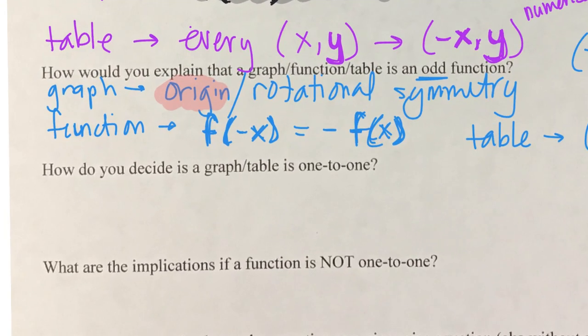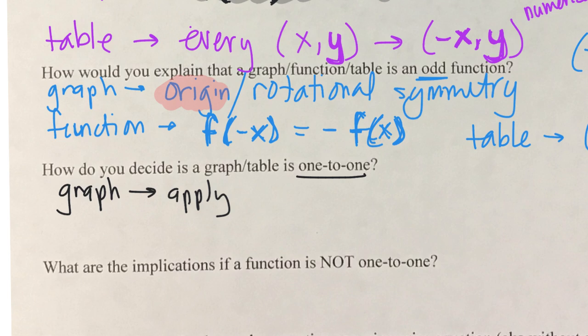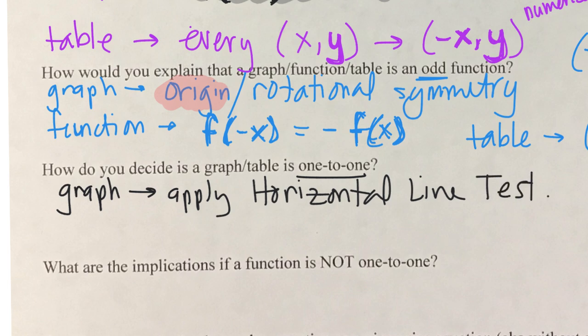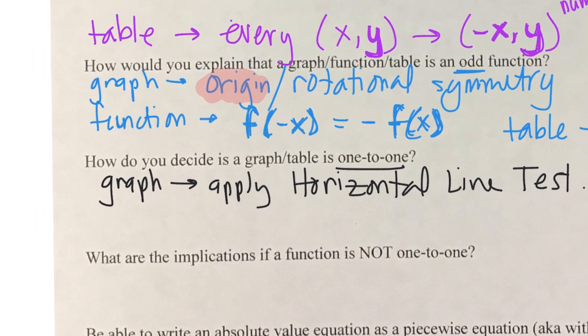Next one. How do you decide if something is 1-to-1? 1-to-1 means that every y value comes from exactly one x value, and every x value, of course, gives you only one y value. So from a graph, we're going to apply the horizontal line test, which simply means you're going to draw a horizontal line through your graph, however the graph may be.